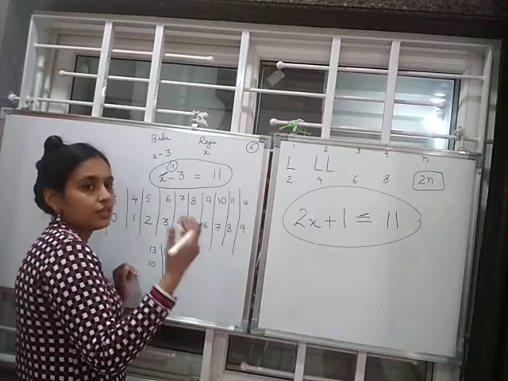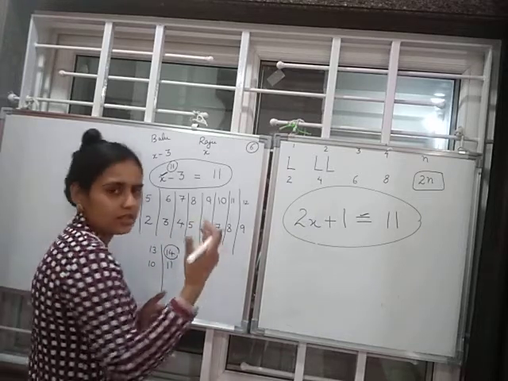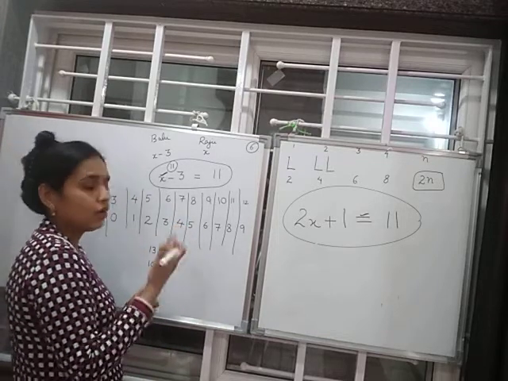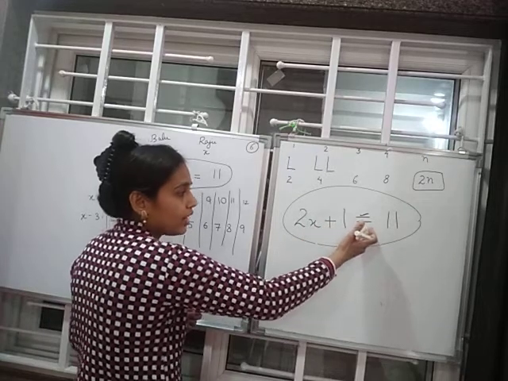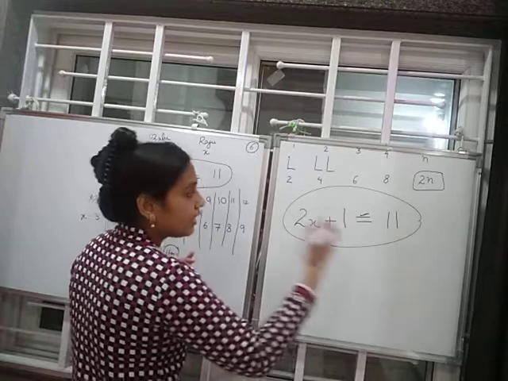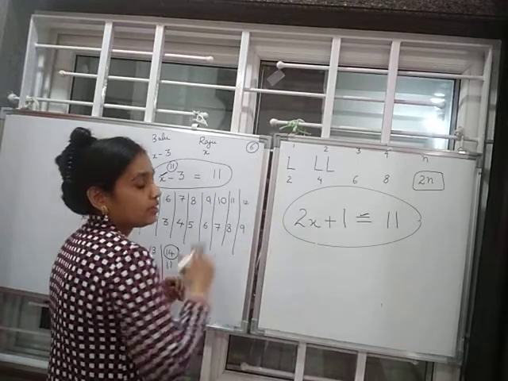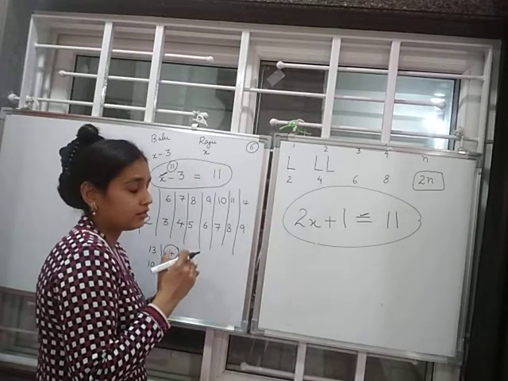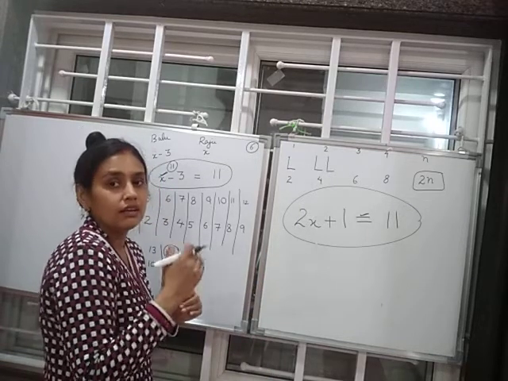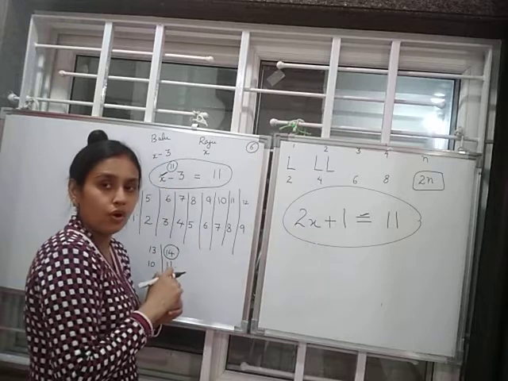An equation is a condition on a variable, and it has an equal to sign. It has a left hand side and a right hand side, and the left hand side and the right hand side are equal at a particular value of x.